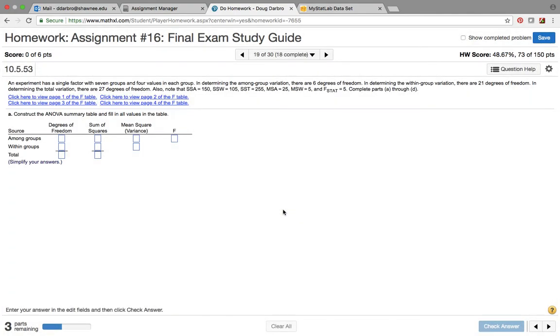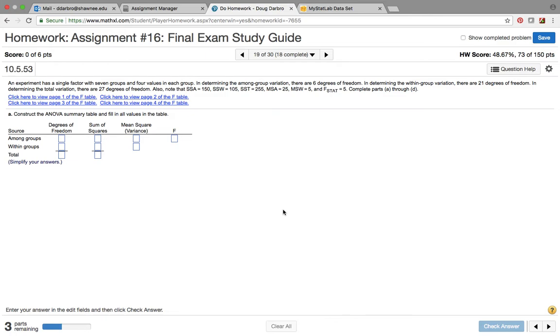Number 19, an experiment has a single factor with 7 groups. So we have K equal to 7. And we have 4 values in each, so N is equal to 7 times 4, which is 28. In determining the among group variation, there are 6 degrees of freedom.